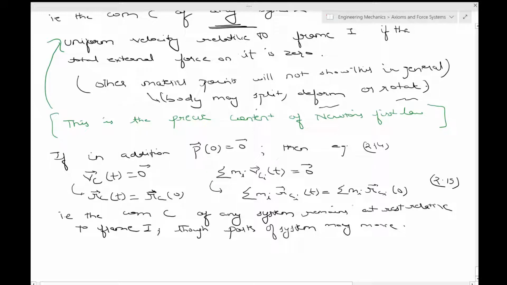This entire summation remains the same. The individual parts can still have a positive and negative value accordingly, so that the final summation of all of them is actually equal to 0. So that's the meaning of that, though parts of the system may move.